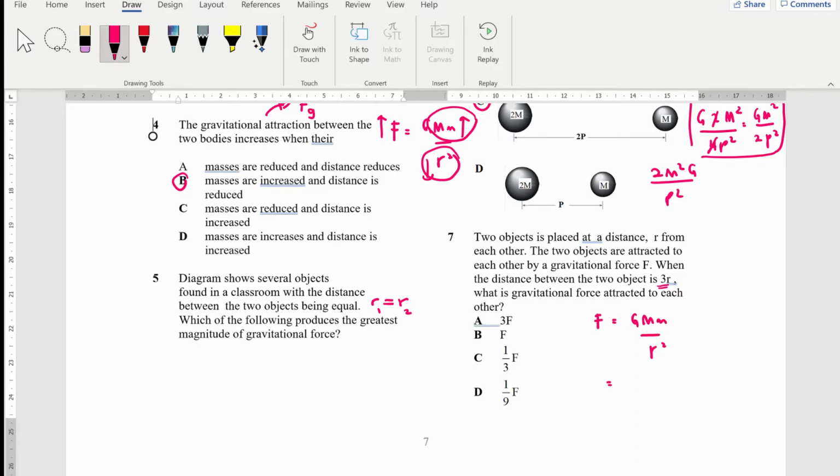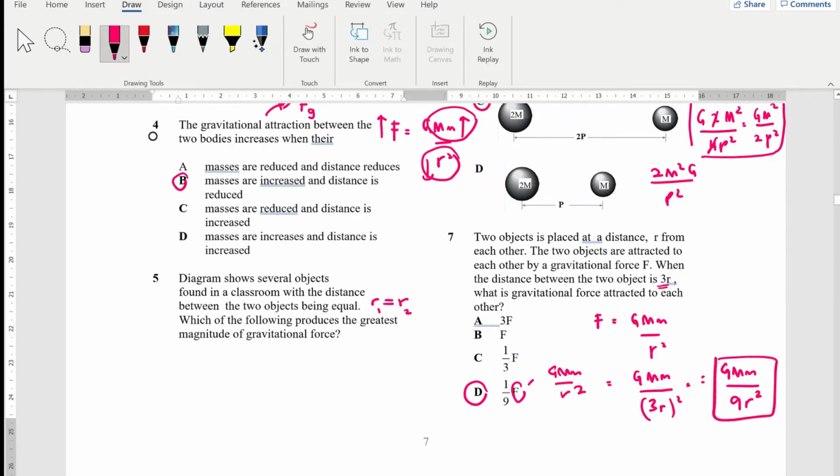So for this one, G m m over 3r squared. So G m m over 9r squared. Jadinya jawapan dia is D, 1/9 F. Okay, F ni is just G m m over r squared. So kita substitutekan dalam here, kita akan dapat 1/9. Okay, macam ni lah.